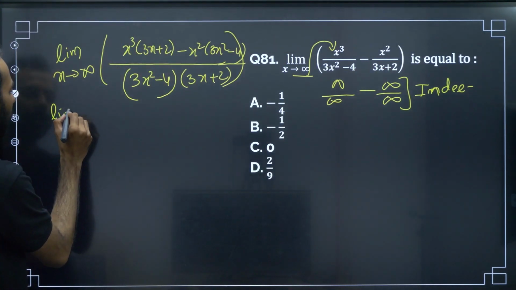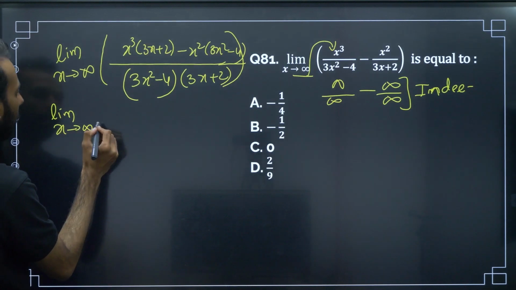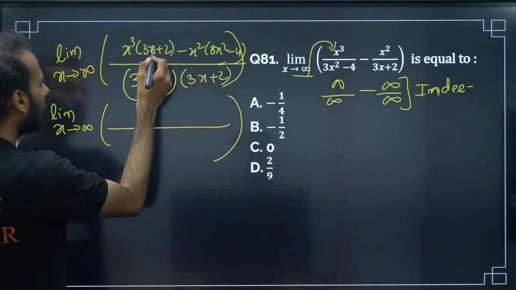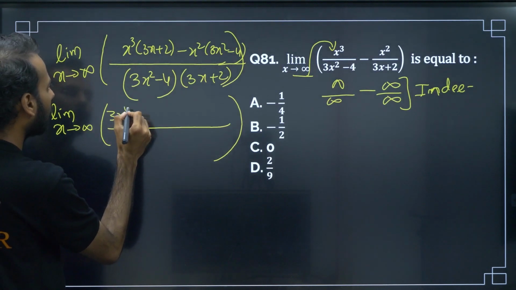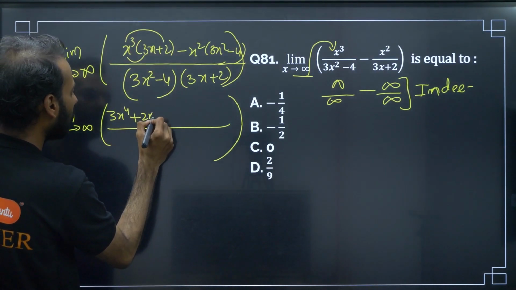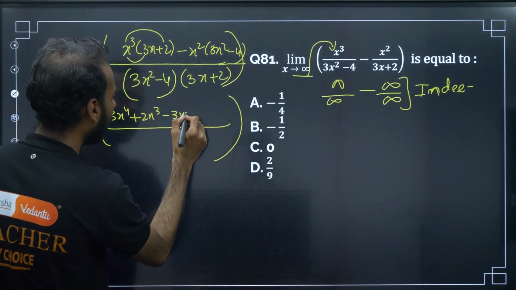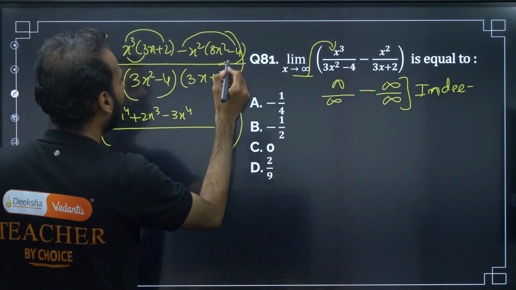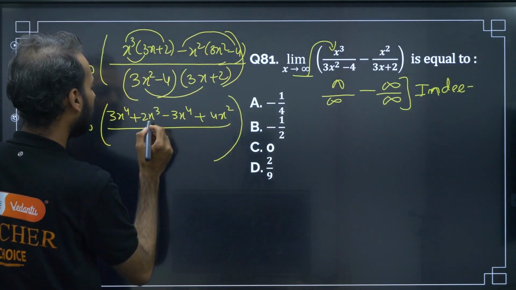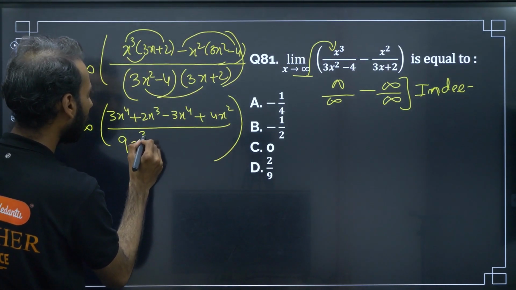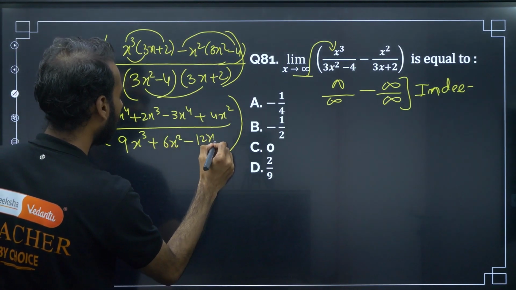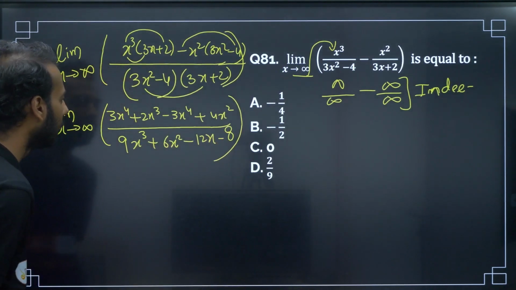So limit x tends to infinity. Multiplying, 3x to the 4 and 2x cube plus 2x cube minus 3x to the 4 and then plus 4x square, divided by 3 3s are 9x cube plus 6x square minus 4 3s are 12x minus 4 2s are 8.